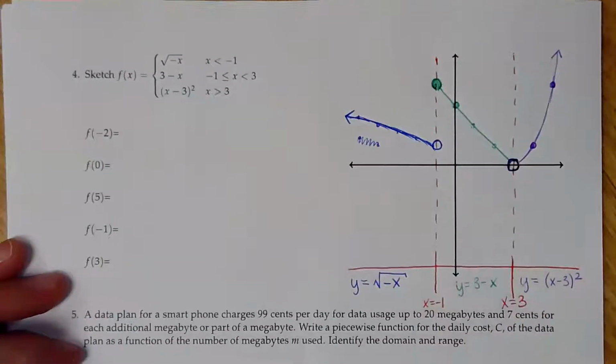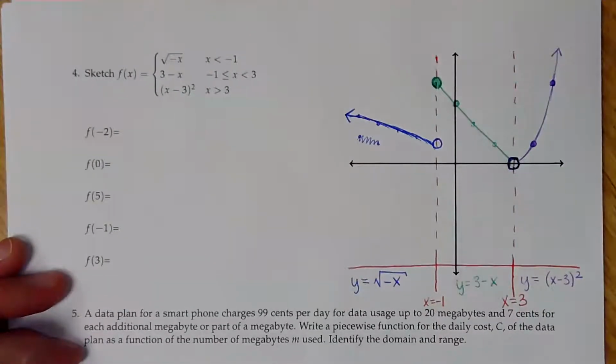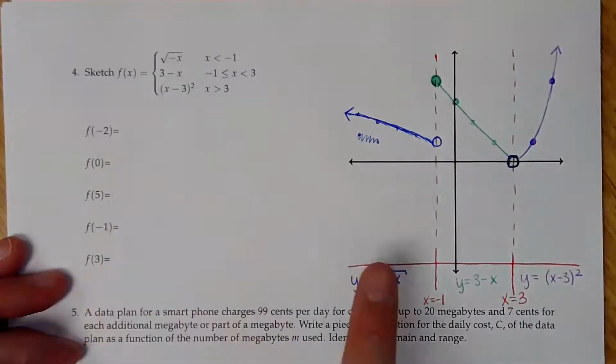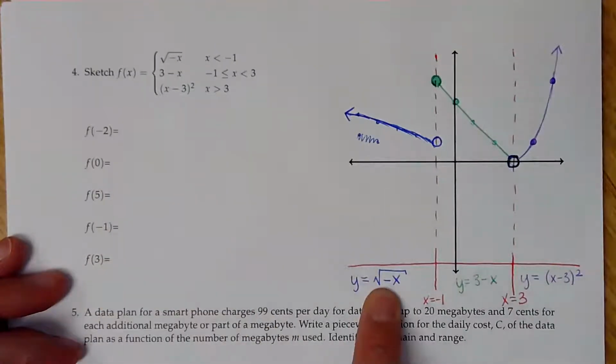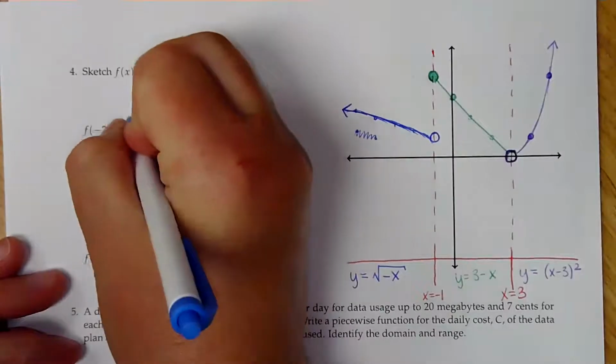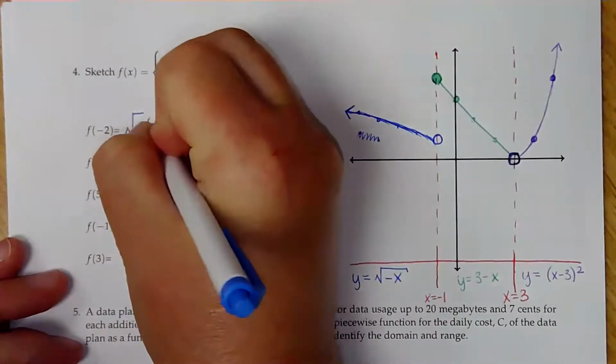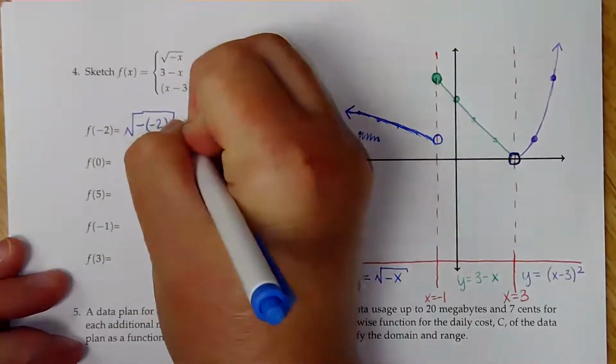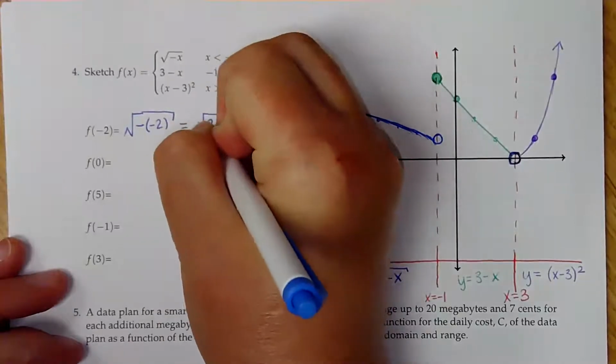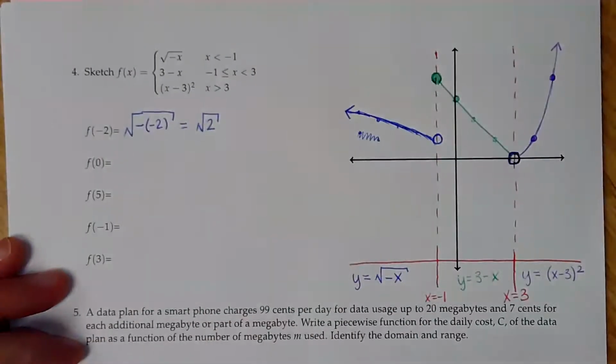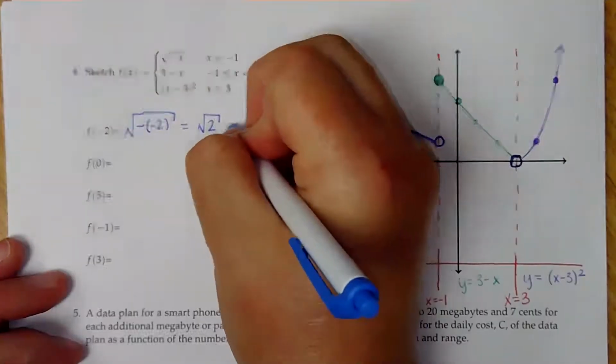All right, so let's find our function values. So when x is -2, that puts me here. And so my y value will be the square root of 2. You're certainly welcome to leave it like that.